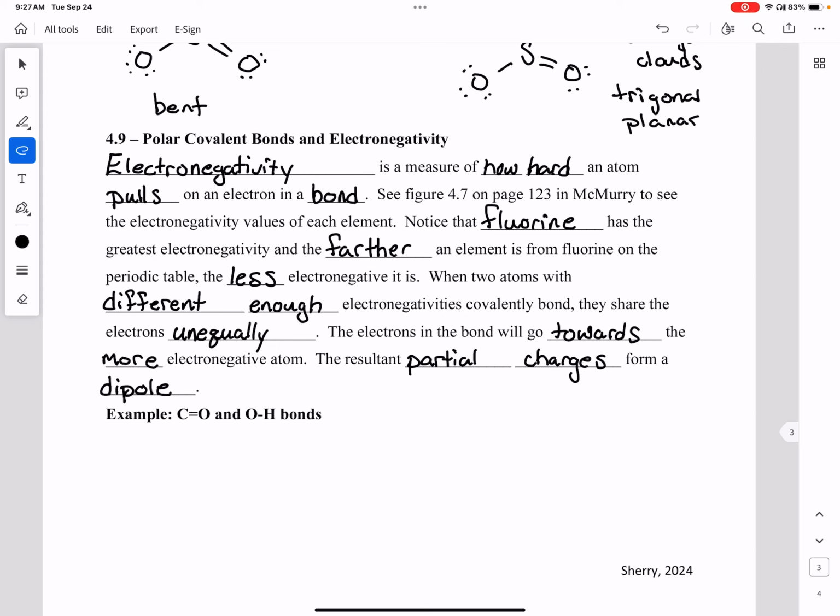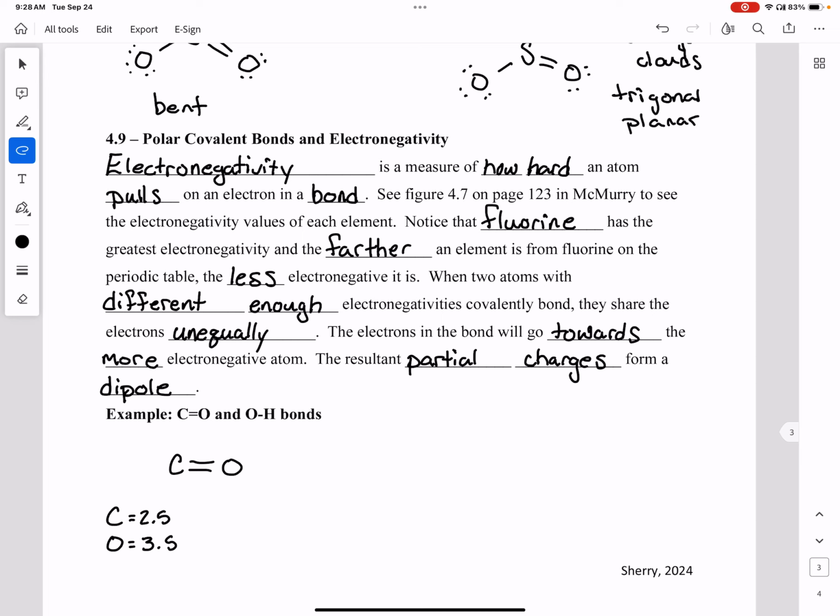Okay, so let's look at some examples. Now I'm not drawing a whole molecule, I'm just drawing the bond. That's why there's no lone pairs. Carbon has an electronegativity value of 2.5, and oxygen has an electronegativity value of 3.5.